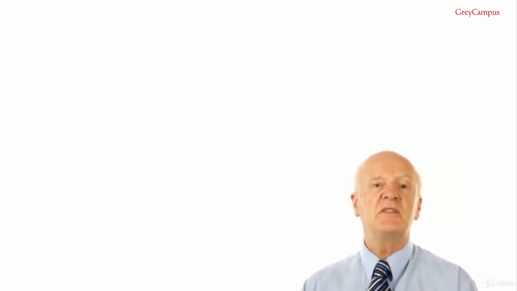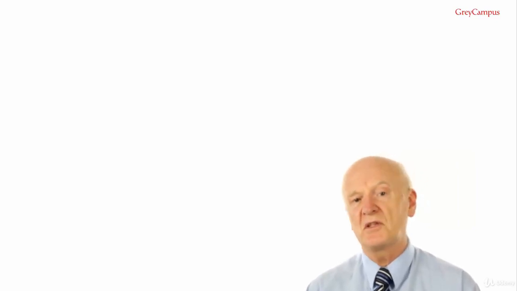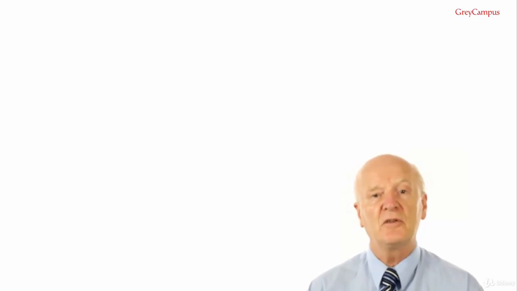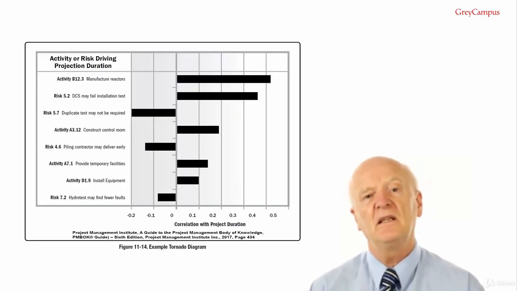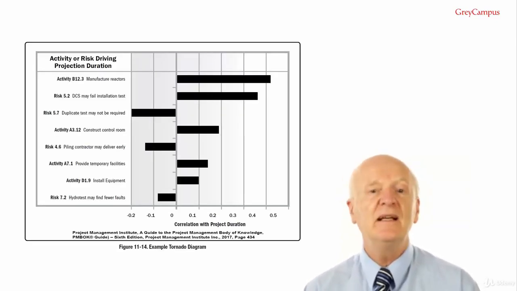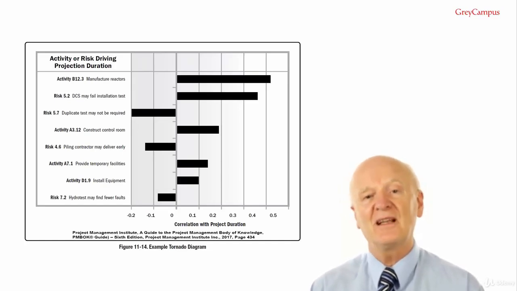The influence diagram is then evaluated using a simulation technique such as Monte Carlo analysis to indicate which elements have the greatest influence on key outcomes. Outputs from influence diagrams are similar to other quantitative risk analysis methods, including S-curves and tornado diagrams. And tornado diagrams are named just because at a glance they look like a tornado.